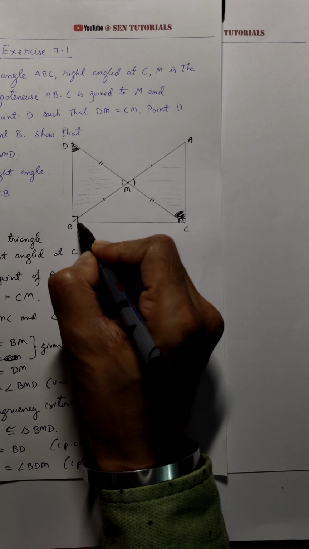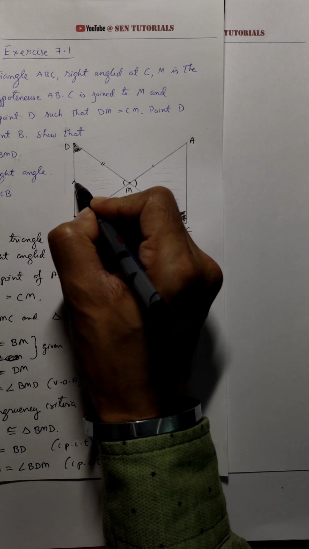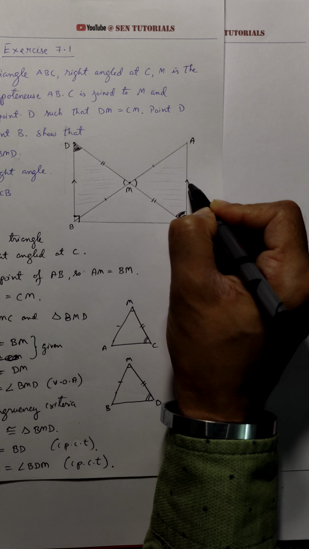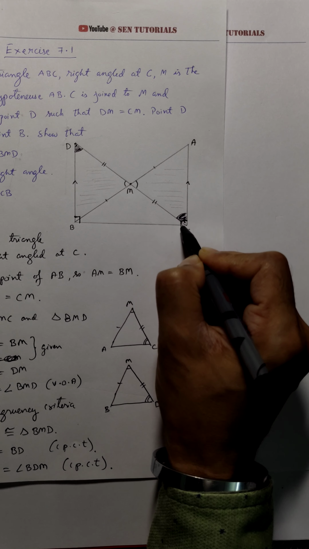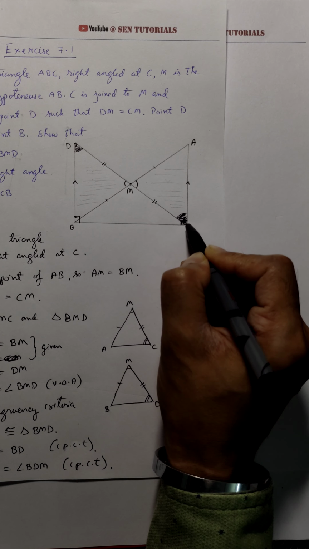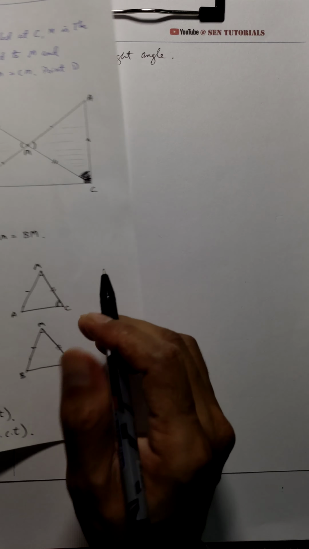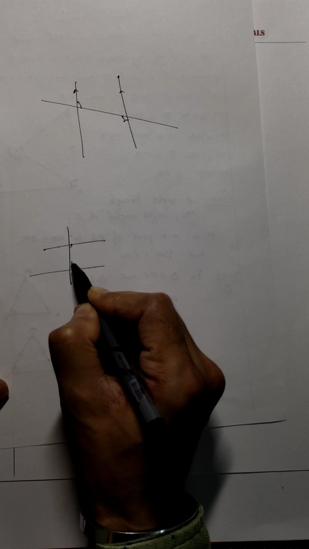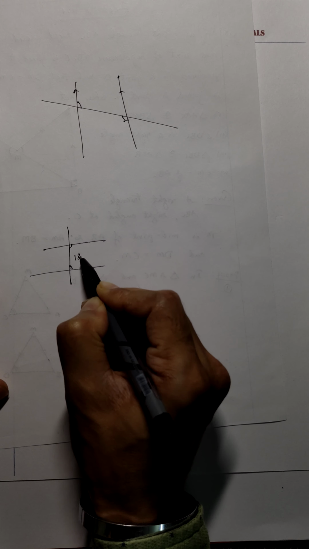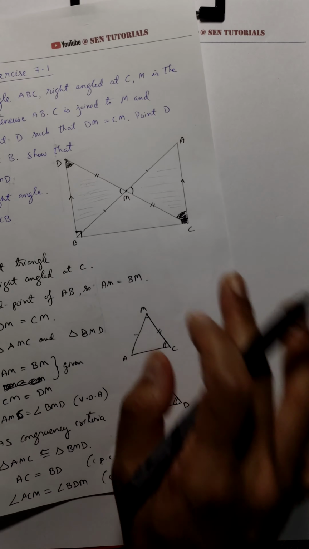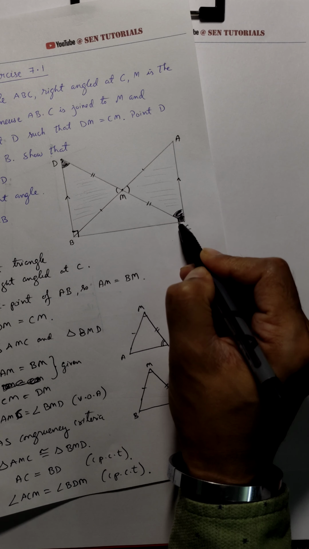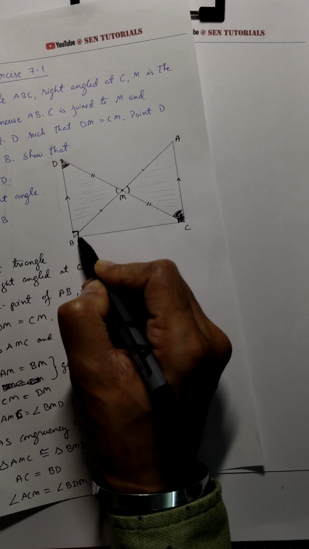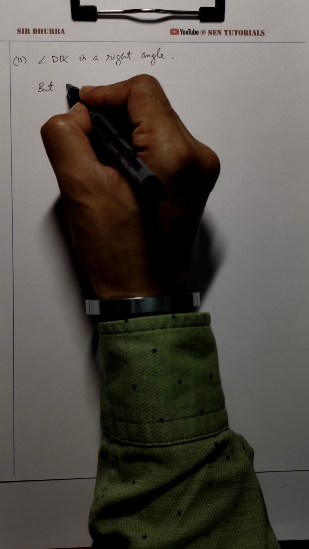But what am I trying to prove? That this is 90 degrees. So for that, if you can somehow prove that these two lines are parallel and this one is already 90, then we know that the sum of angles on the same side of the transversal between parallel lines is 180. So since this angle is already 90, we might be able to prove that this is also 90. Let's see.